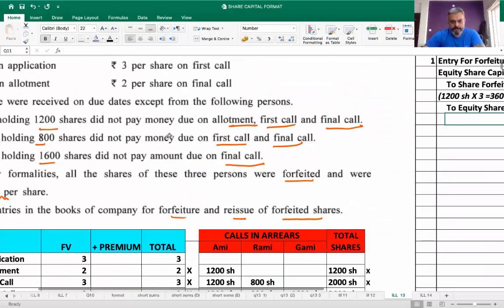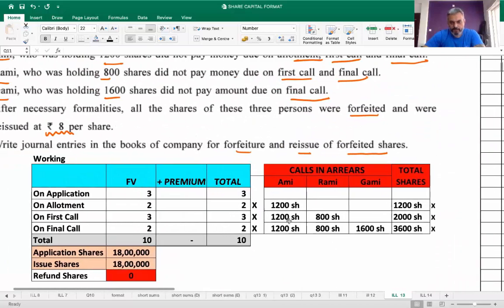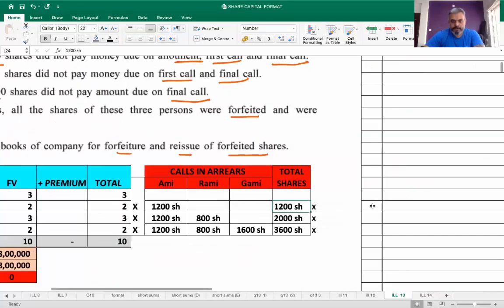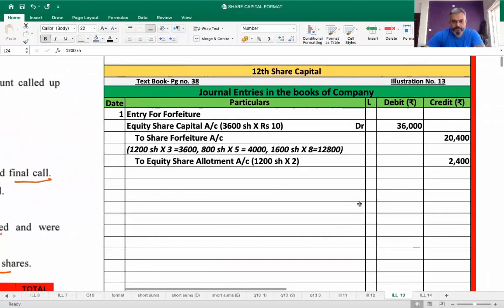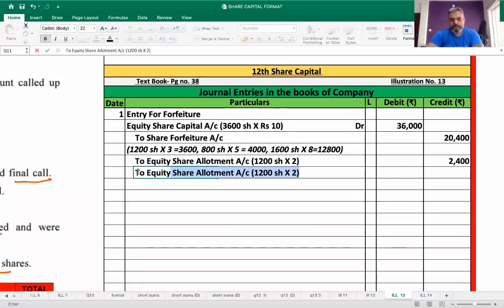So allotment we did not receive for 1200 shares. Then to equity share first call account. For 800 shares, we did not receive, so we did not receive for 800 and 1200.